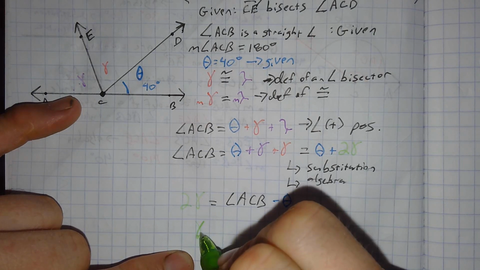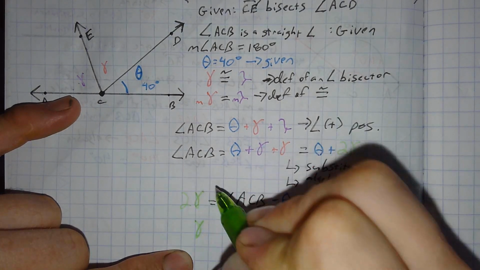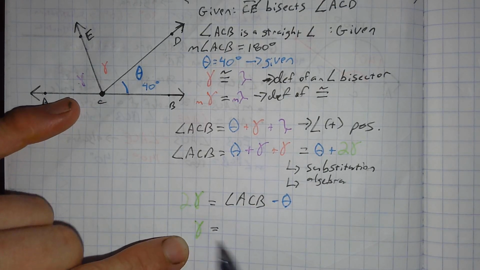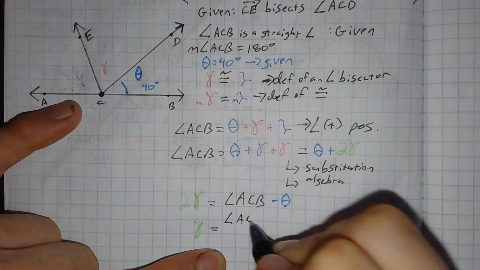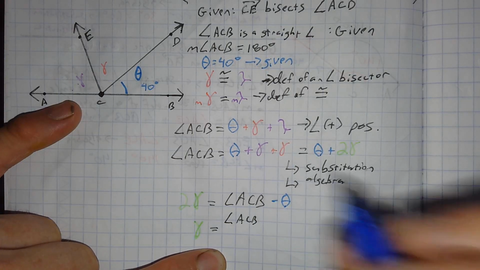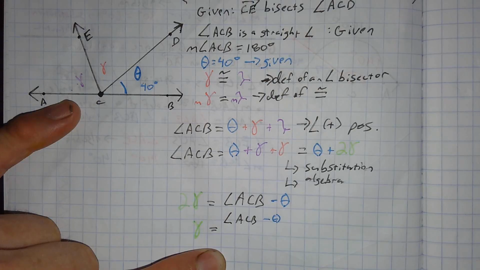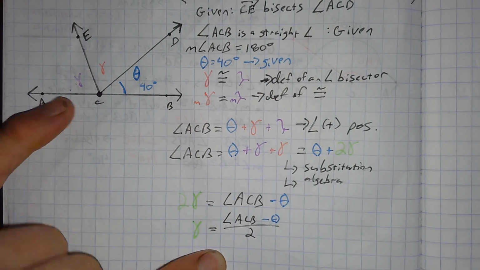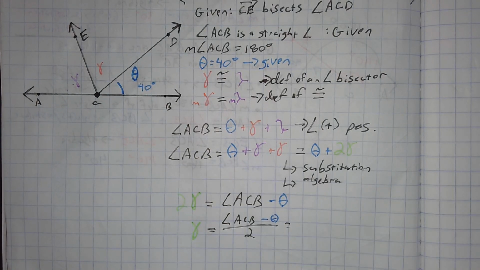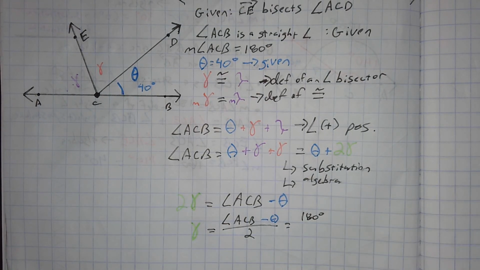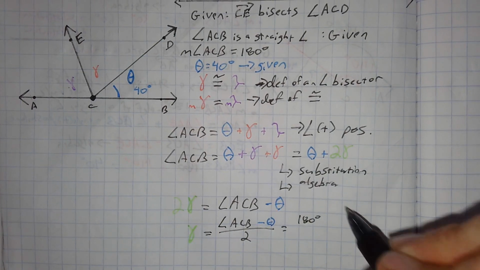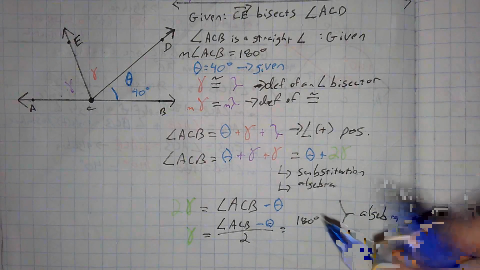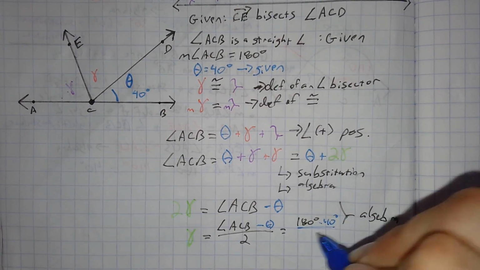Gamma equals, I have to divide both sides by 2, angle ACB minus theta, all divided by 2. All right, and I'll go ahead and substitute 180 degrees. This was algebra. Minus 40 degrees, all divided by 2.